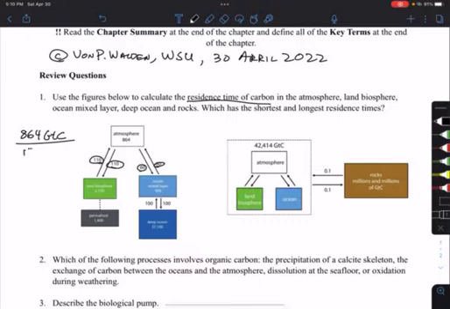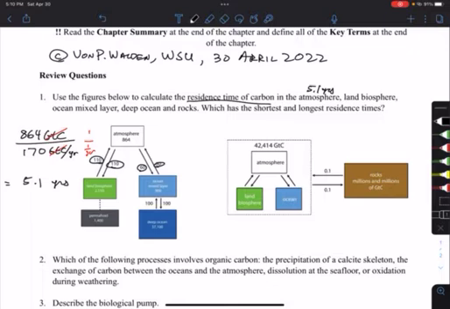So that's 170 gigatons of carbon, and those are fluxes, so that's per year. The units cancel out, and you're left with 1 over 1 over years, which is actually years. For the atmosphere we get 5.1 years. So I'll just put that over here.